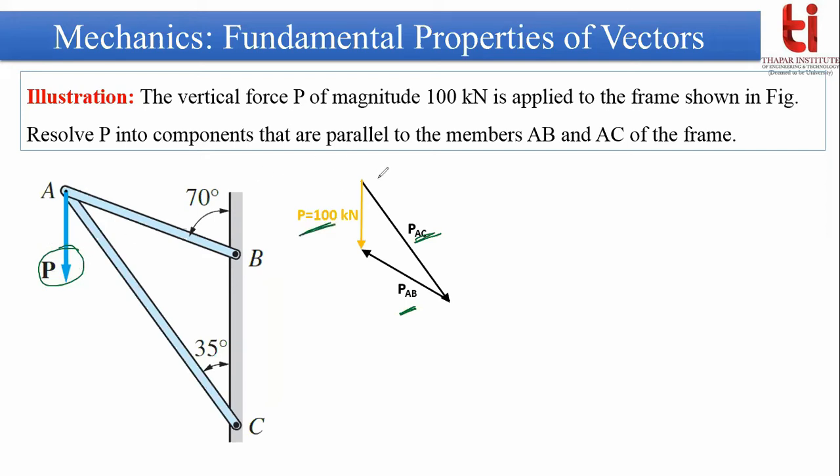So how do you draw the resultant? It starts from the tail of the first force vector. So it is the tail of PAC, the first force vector, and it ends at the tip of the second force vector, that is PAB. So in this way, you can draw the resultant force P, that is 100 kN.